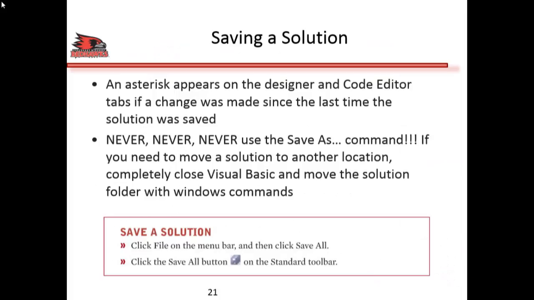Before I start the next tutorial, I just wanted to mention: save often when you're designing a program, because you never know if the computer might crash, or for some reason you might lose a lot of work. When you open any form, solution, or project and start putting in new stuff, an asterisk appears on the designer and code editor tabs.